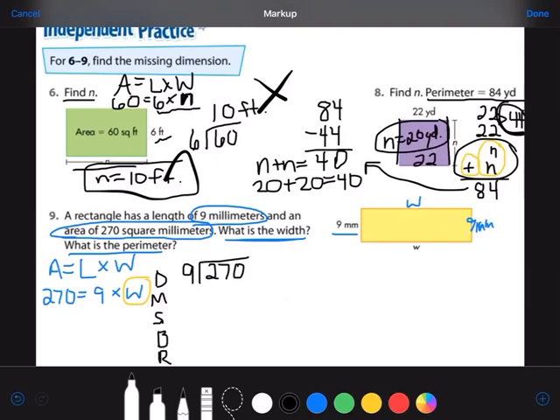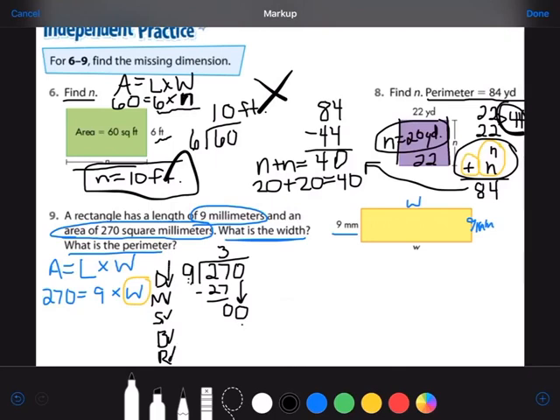Let's do it. 9 goes into 2. No, that's too small. 9 goes into 27. Yes, it does. Goes in 3 times. Multiply. 3 times 9 is 27. Subtract. 27 minus 27 is 0. Bring down 0. Then we repeat.